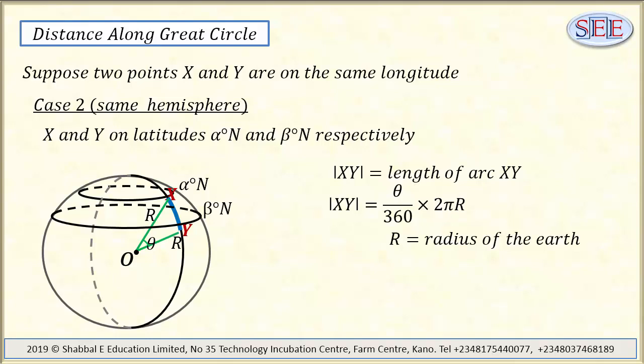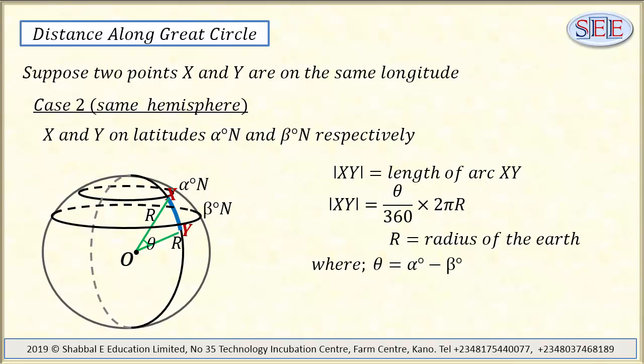And how we can get the theta is what we need to know if we are in case 2. Case 2 says the 2 points are on the same hemisphere, meaning either north hemisphere or south hemisphere. So to get the theta, what we need to do is to subtract the lower latitude from the higher latitude.